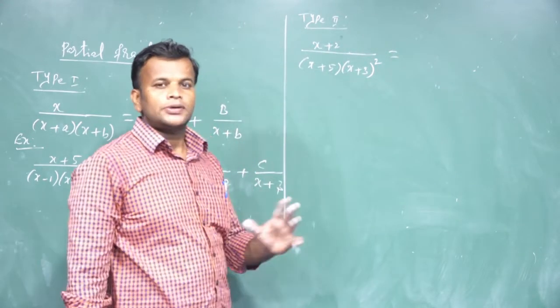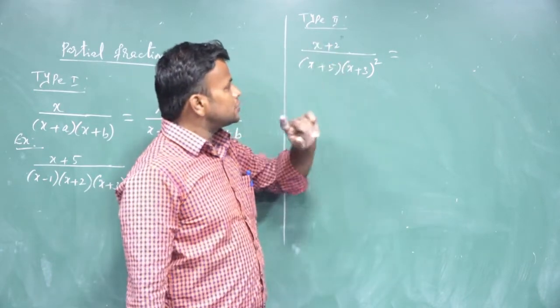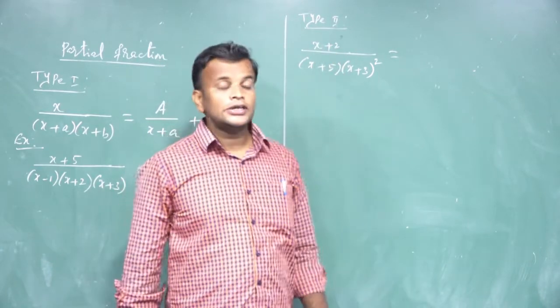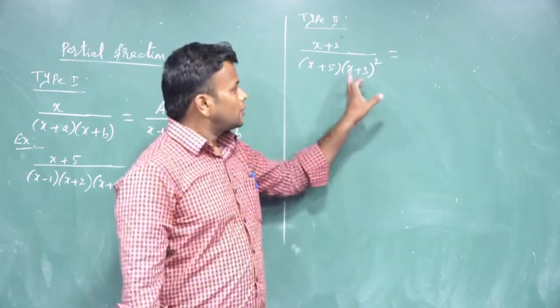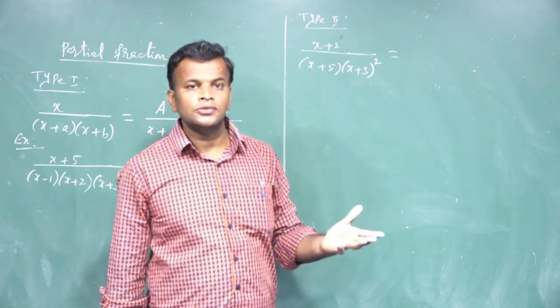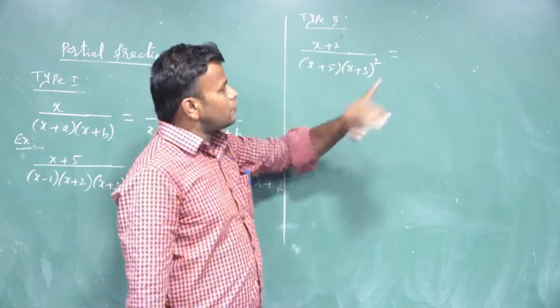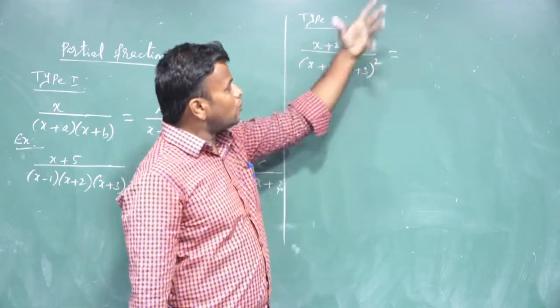It is also a proper fraction, because the degree of the numerator is 1 and the degree of the denominator is 3. We expand, x square, and x into x square is x cube. So it is also proper. But it is a repeated factor, okay, x plus 3 the whole square.